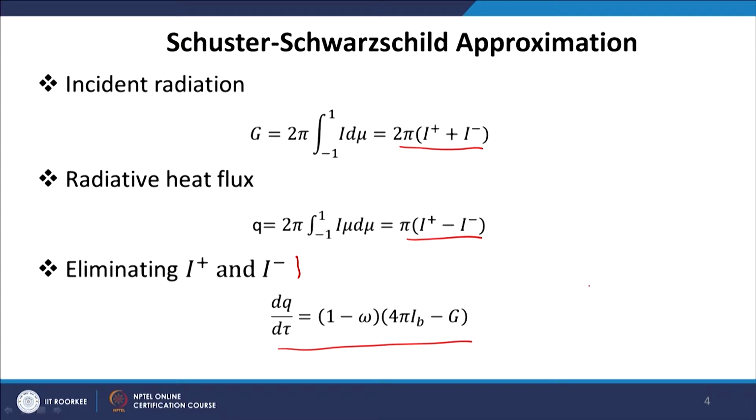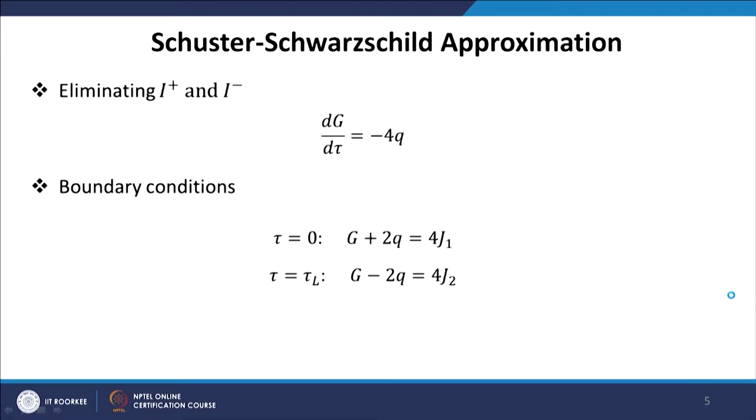The relation between del dot q and incident radiation, we have already derived this result before. Okay. So, we get the same equation by eliminating I plus and I minus. Together we get one more equation, that is dG by d tau is equal to minus 4 q. So, by adding the two equations and subtracting the two equations, we get two equations, one for del dot q and one for dG by d tau.